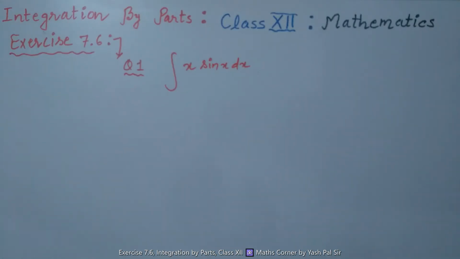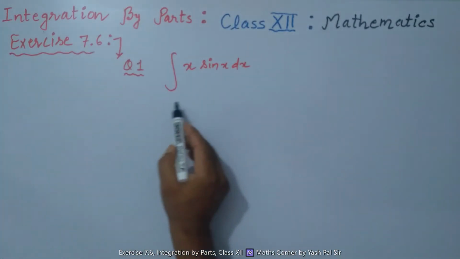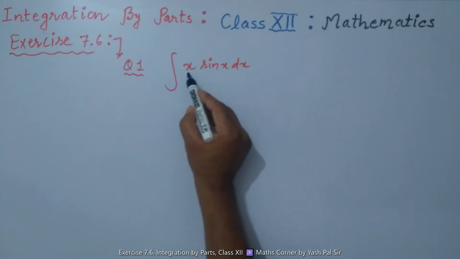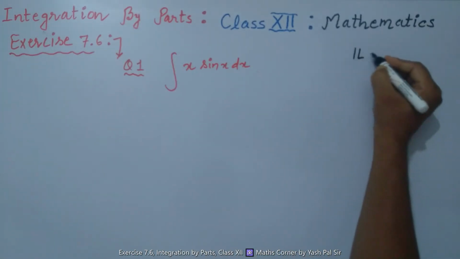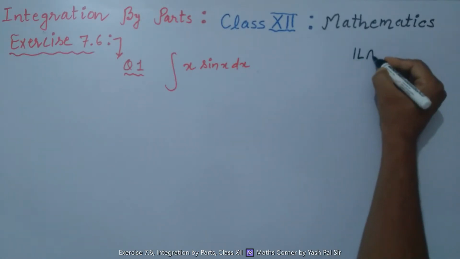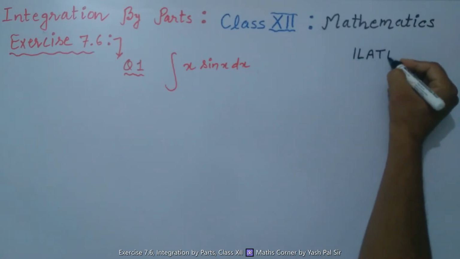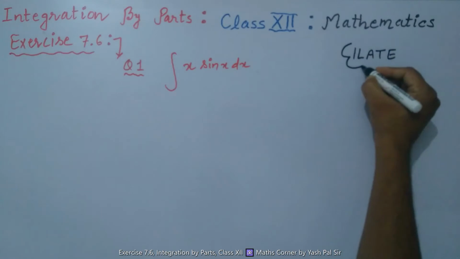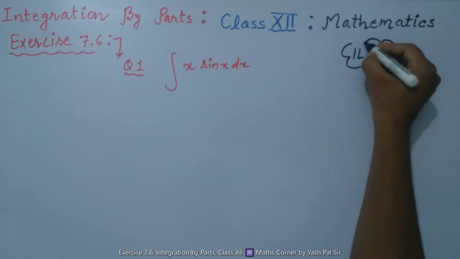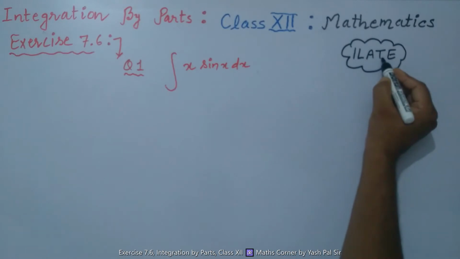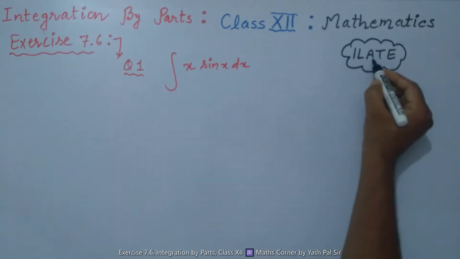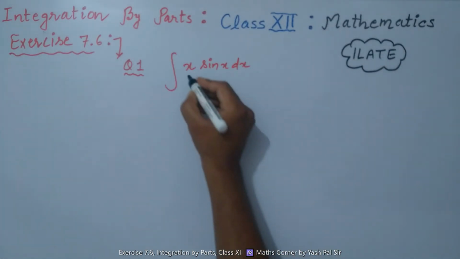The very first question of Exercise 7.6 is to find the integration of x into sin x. So first of all, what is the first function? According to this rule, ILATE, we shall follow this rule. Here x means algebraic function, sin means trigonometric function. A comes first, T comes after.